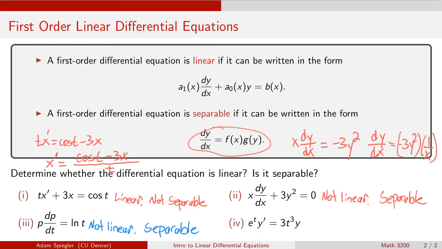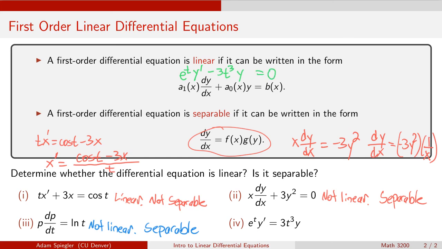And then lastly, looking at 4, this one is linear because I can take this equation e to the t times y prime is equal to 3t cubed y, and this is equivalent to saying e to the t times y prime minus 3t cubed times y is equal to 0.